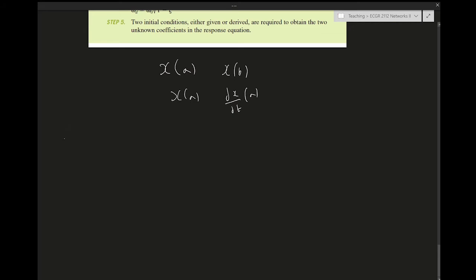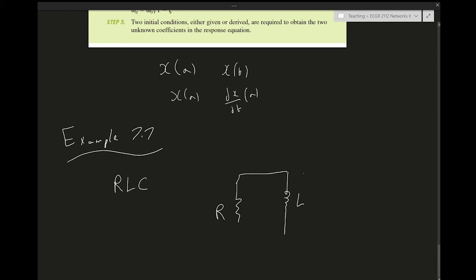I'll do example 7.7 from the textbook, and this is an example that includes a parallel RLC circuit. So I have a resistor, I have an inductor, and then I have a capacitor.